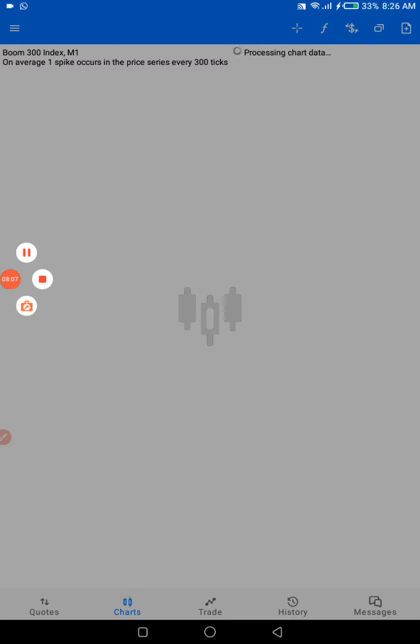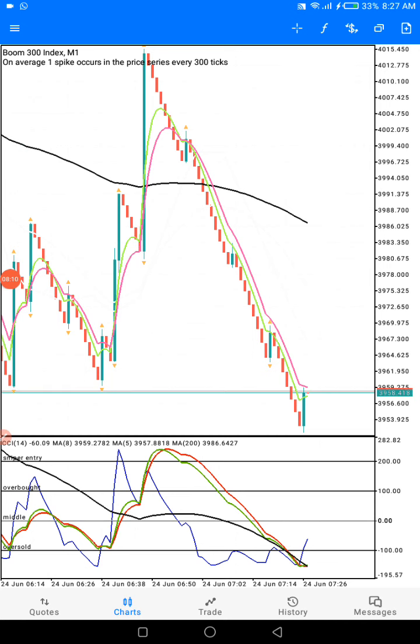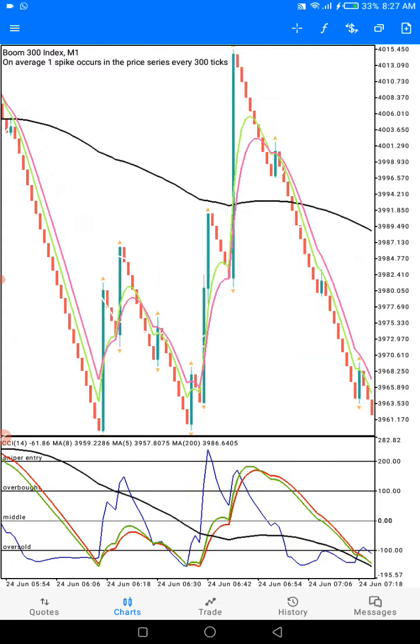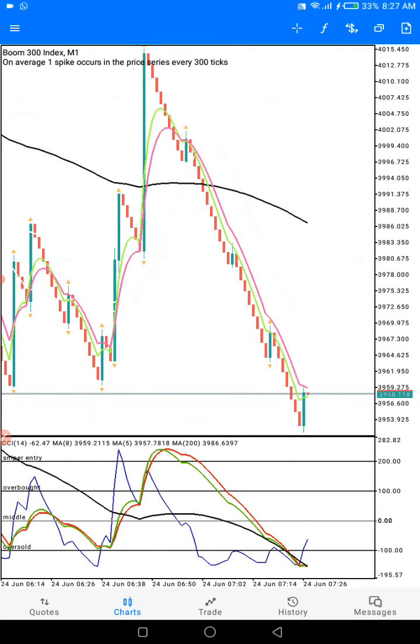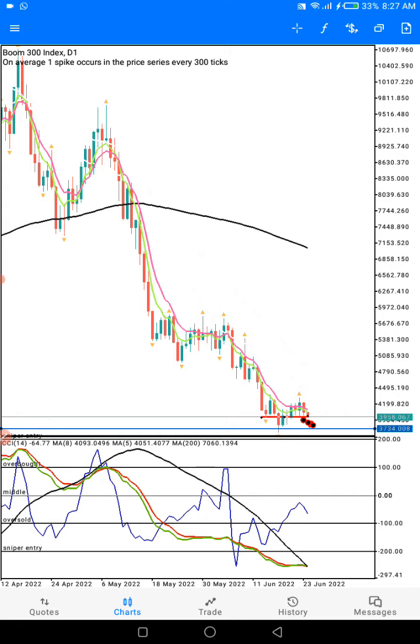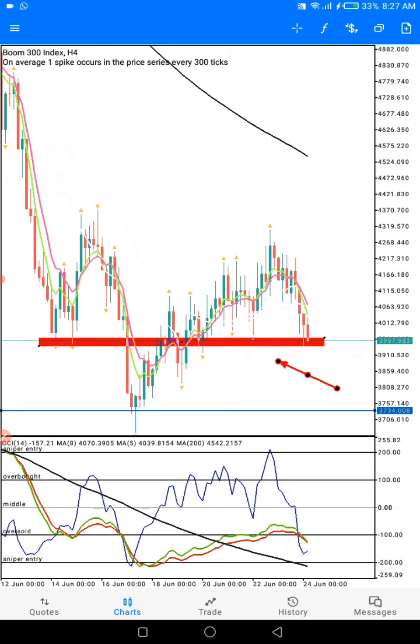If I'm to trade in this region, I'll watch out for this reaction, because Boom 300 is already seated on a support zone, and there might be a series of spikes in this region. So you have to stay away if you have a small equity. But if you have good equity to trade, you can stick on the selling side of Boom 300.